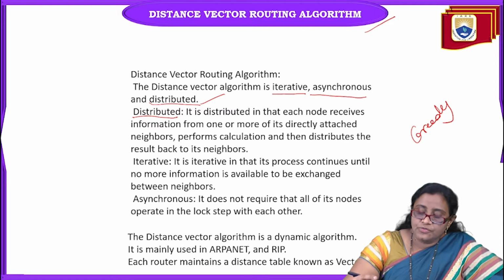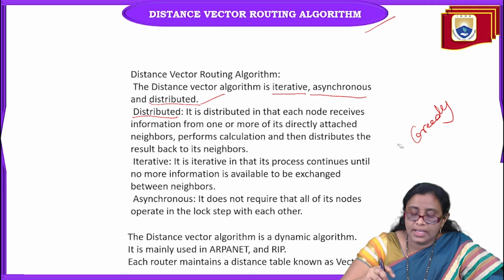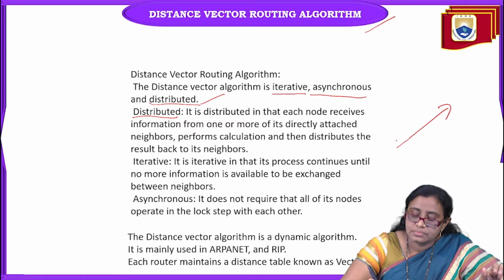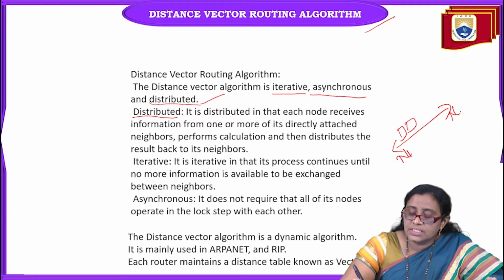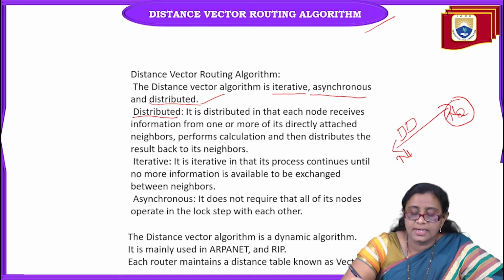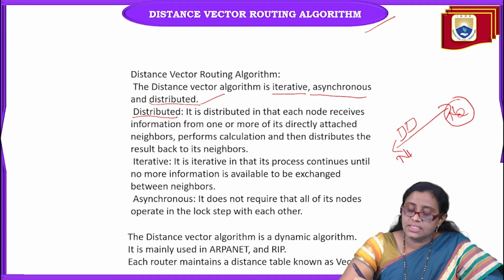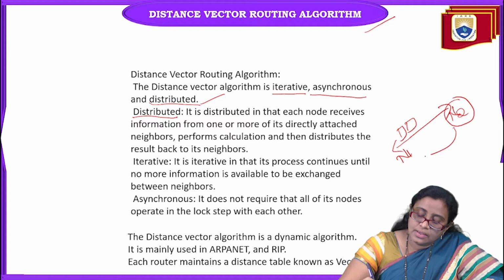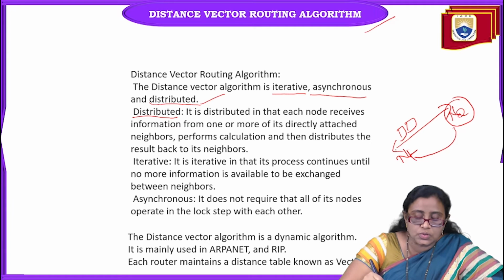For example, if you take two nodes, node 1 can send the information as data packets, and node 2 can receive those packets, being directly attached to the neighboring node of source router 1.